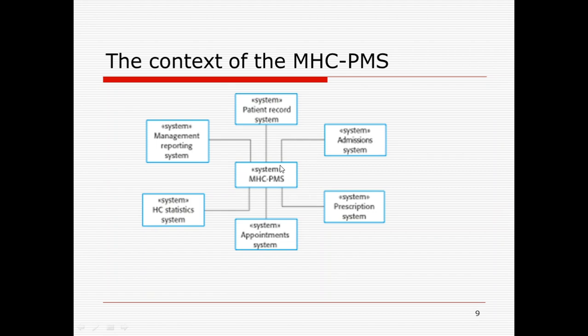This is the mental healthcare patient management system, the entire system here, and these are the different modules which are connected: the patient record management system, admission system, prescription system, appointment system, statistics system, and the management reporting system.